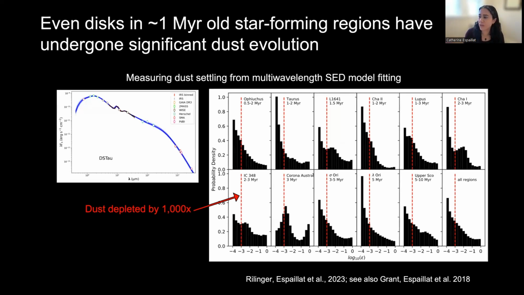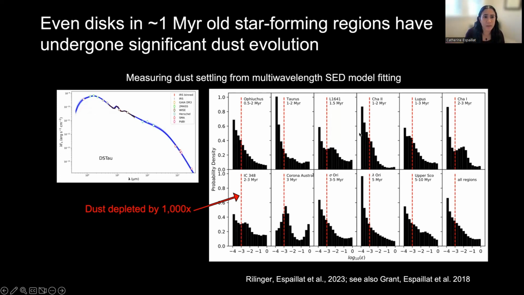And in our models, I'm not going to go into the details of how we quantify the dust settling, but basically each of these histograms corresponds to different regions, and each of these broken red lines corresponds to a dust depletion factor of about 1,000. And you can see that for some of the regions, they're right at a dust depletion factor of 1,000, but for some of them, they're even higher than that.